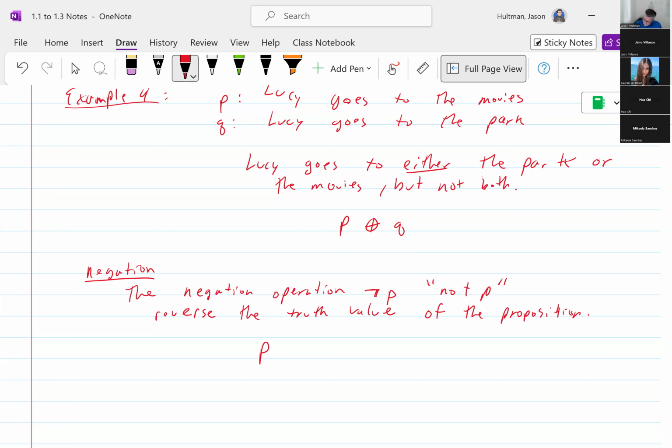It's like an Uno reverse card. So we have proposition P, and we have the negation. If P is true, not P is false. If P is false, not P is true.